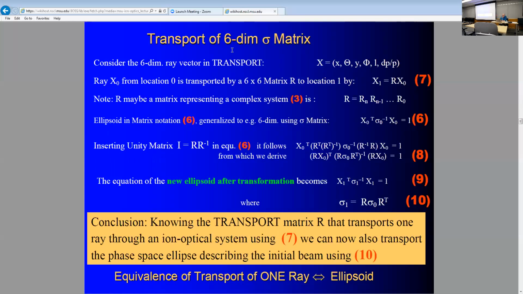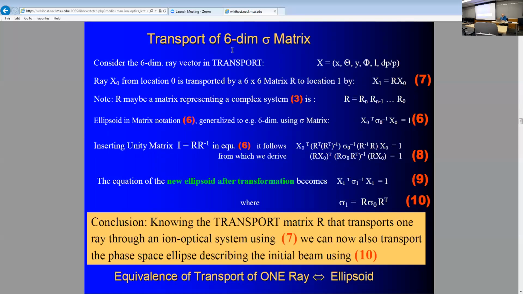So if we take now an ellipsoid, in this case 6-dimensional instead of the 2 dimensions I just showed you, then you have, of course, from the vector x, this description as the ellipsoid description in matrix form.